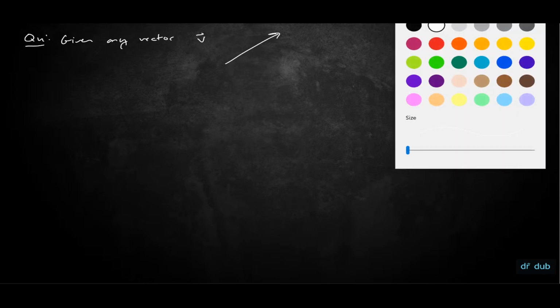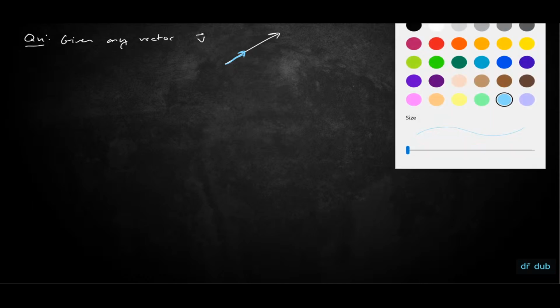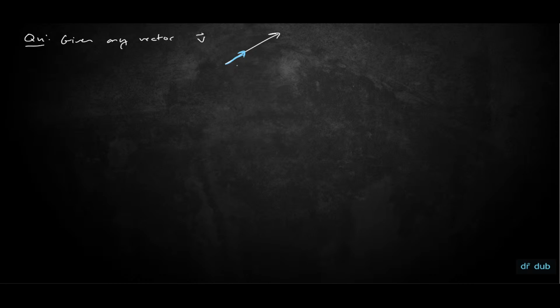Let's think about this question. Given any vector v, let's just say this is our vector v. What can I do to v to make a unit vector in the same direction as v? So v has some magnitude, and we'll call this thing u.